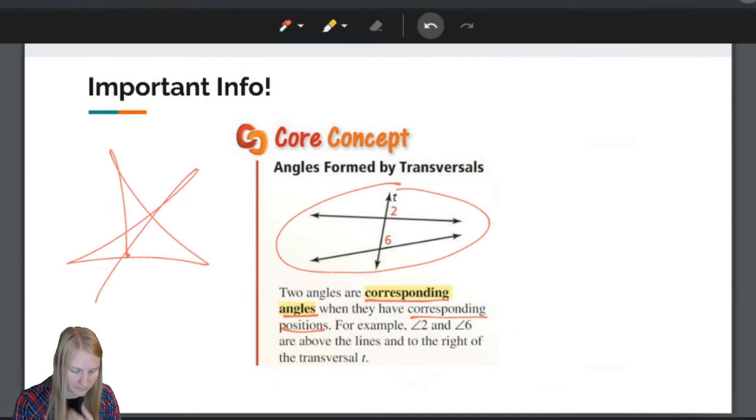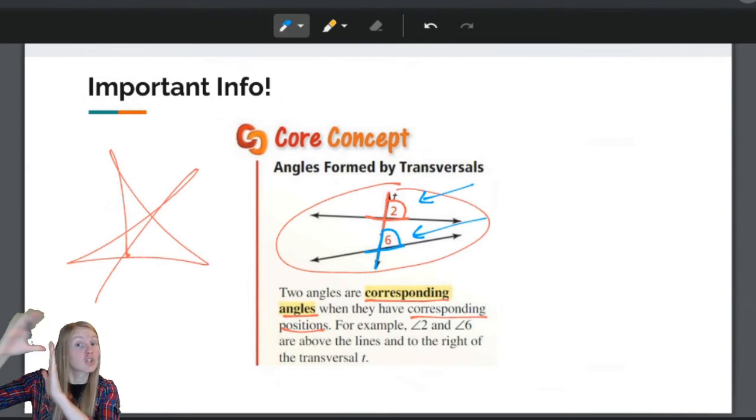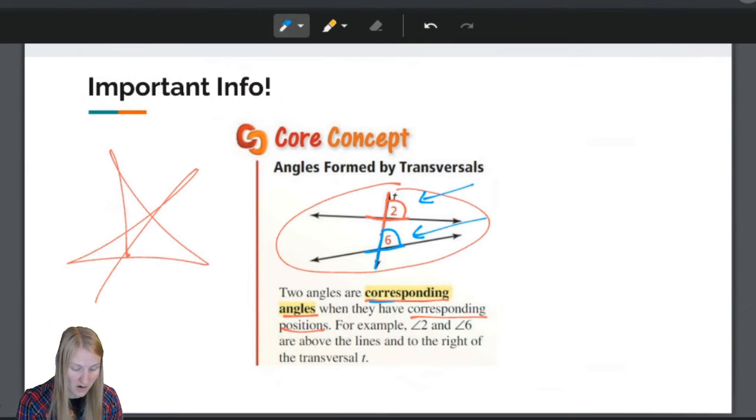So notice how if we look at this intersection, 2 is on the top right. And if I look at this intersection, 6 is on the top right. So because 2 and 6 are both in the same position in the top right, it means that they are corresponding angles.